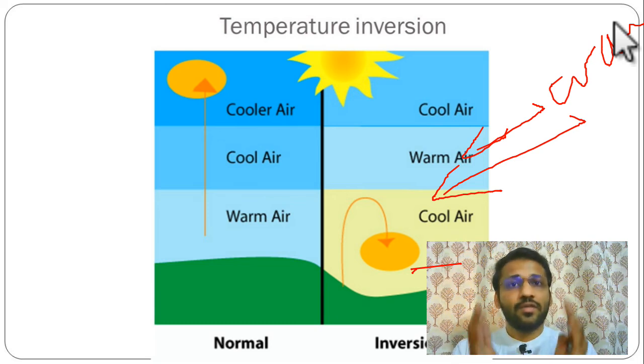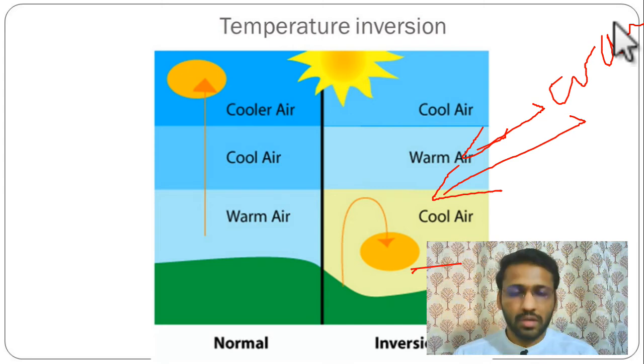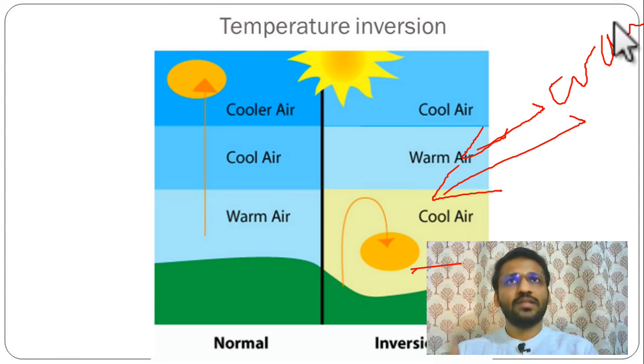If there is fog and pollution, and they get intermingled with each other, what will happen is smog. Smoke and fog, we call it smog. So these smoggy conditions are very dangerous. This temperature inversion creates smoggy conditions, because of which lots of accidents happen on the highways.